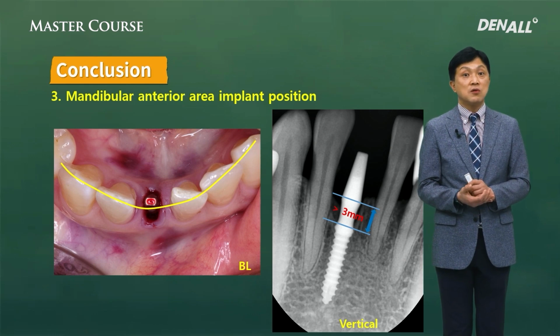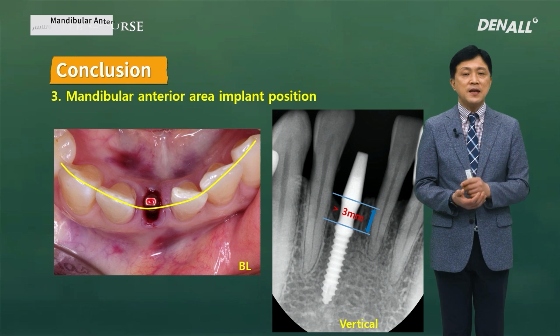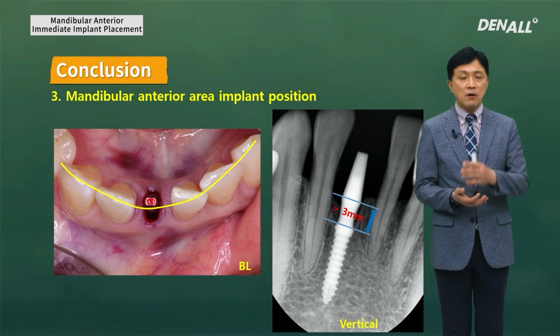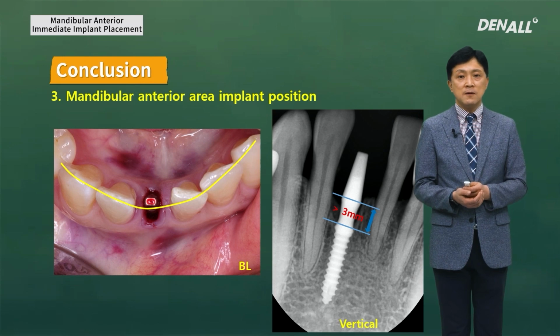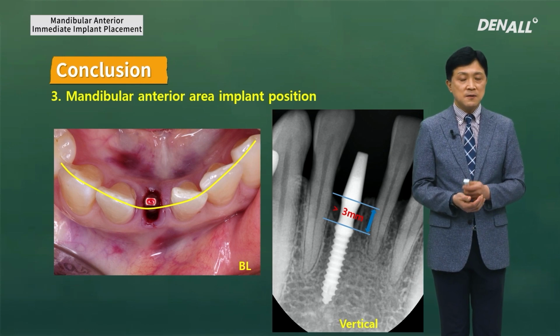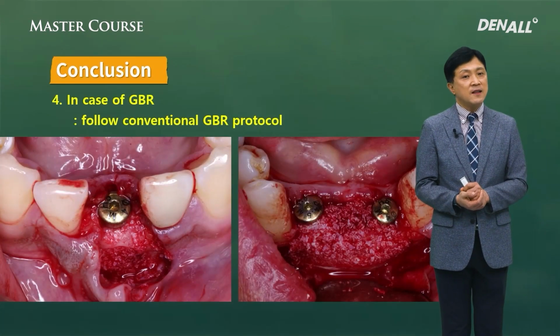At least the implant should be deep, at least 3 millimeters. Based on the MS implant, a 4 millimeter collar implant should be used, and the 4 millimeter collar should be all submerged when you place the implant.